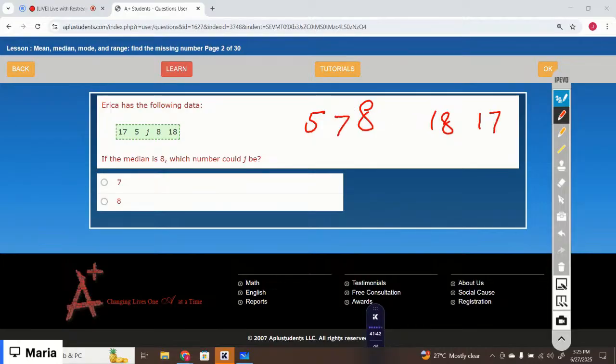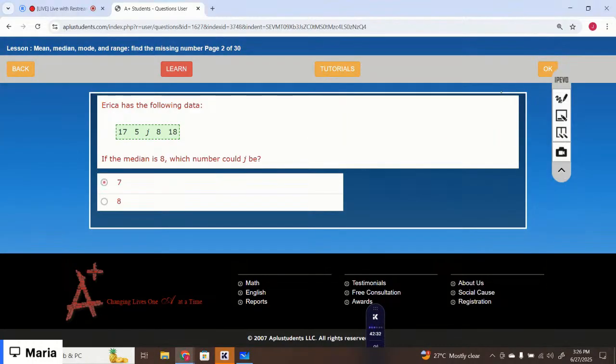So the median is 8, J would be 7. That is 7. Option number 1 is 7.